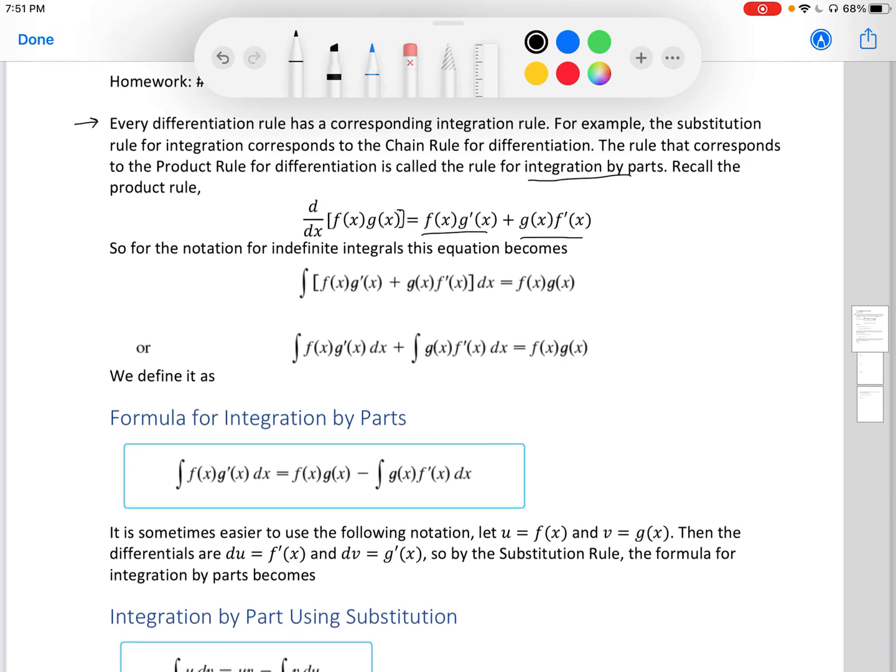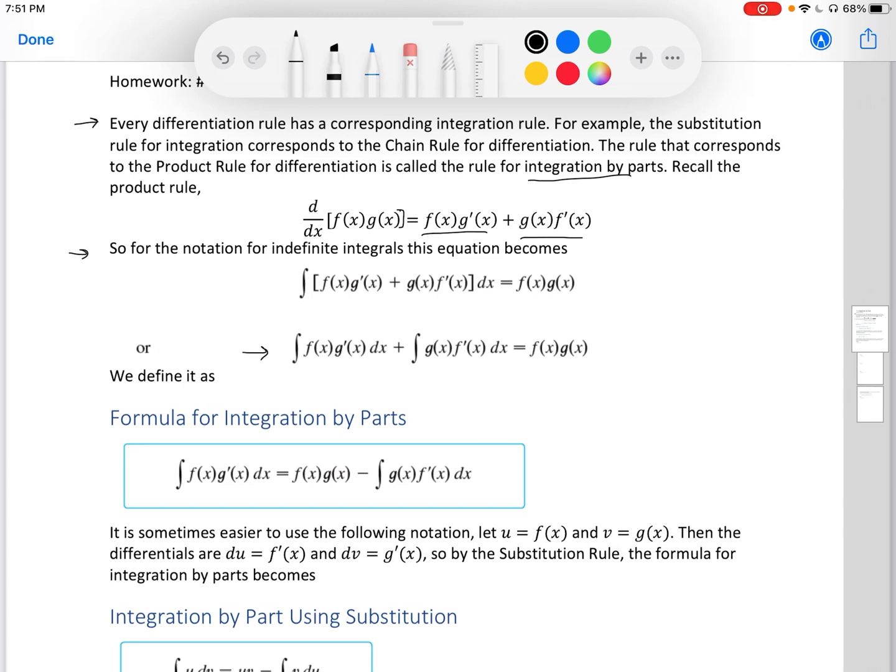So for integration, we have to undo the multiplication and the combination of terms that we did when we were simplifying at the end. In the notation for indefinite integrals, this equation becomes the integral of f of x times g prime of x plus g of x times f prime of x dx equals f of x times g of x.